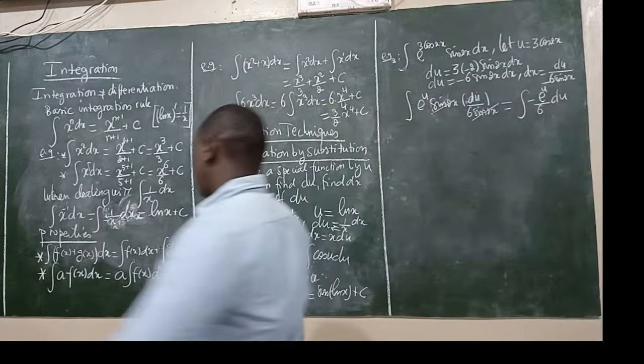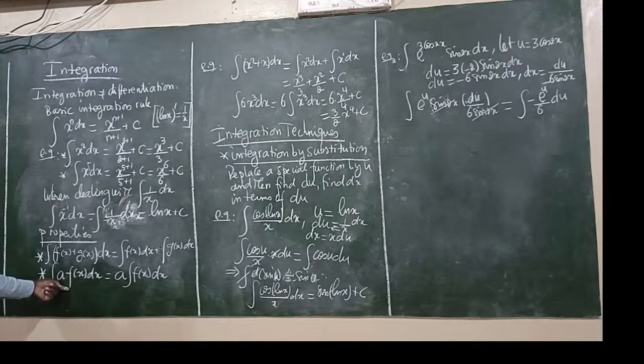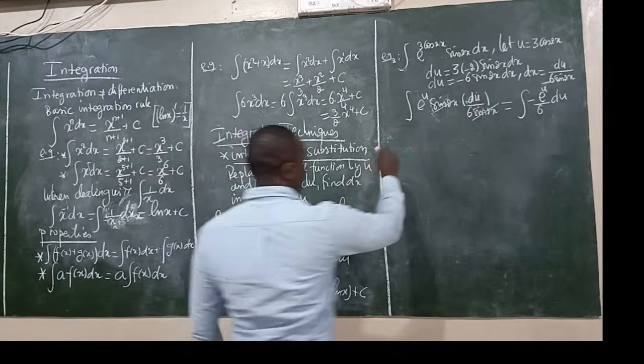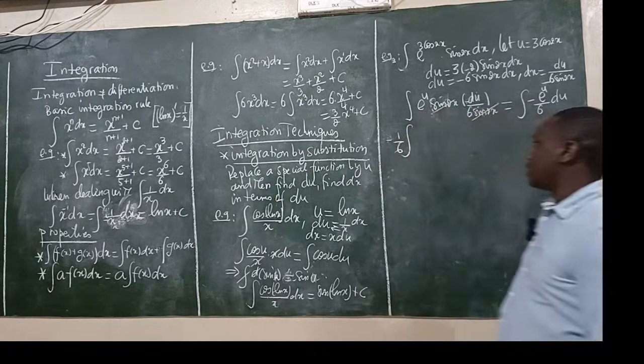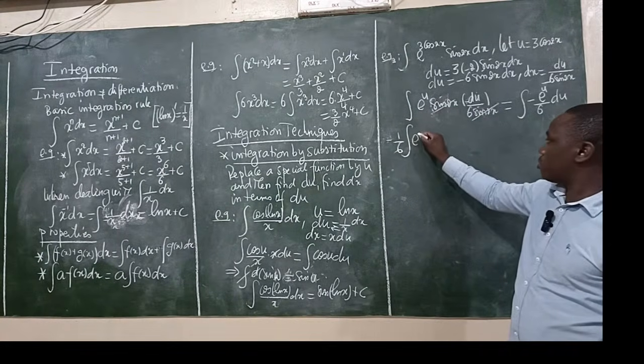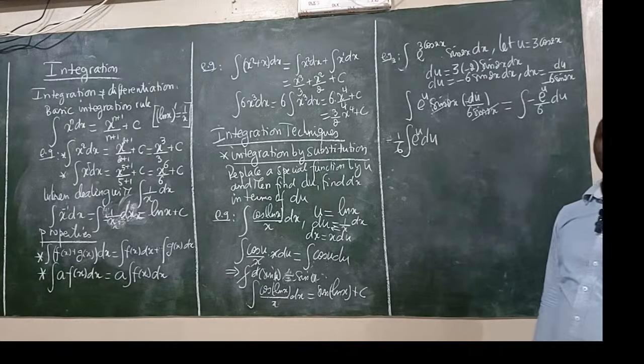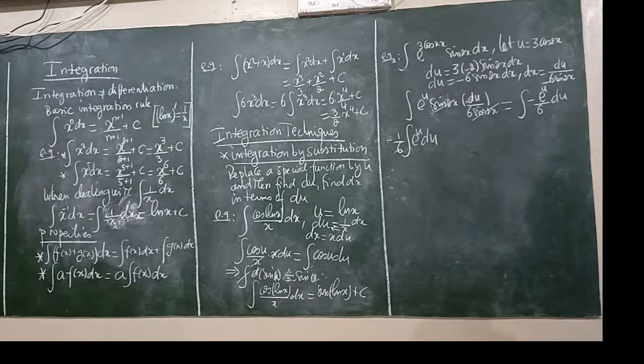Following this property, the minus 1 over 6 will be taken out of the integral sign, so here is minus 1 over 6 times the integral of e to the u du. The derivative of e to the x stays as it is, it stays as e to the x.